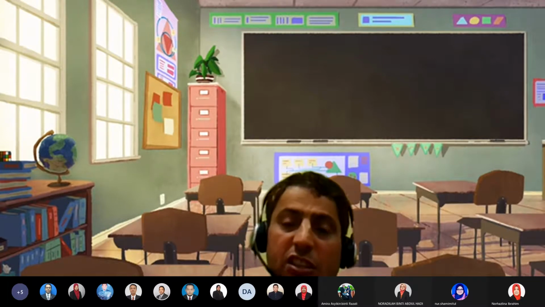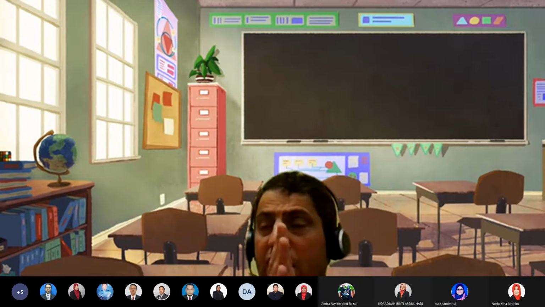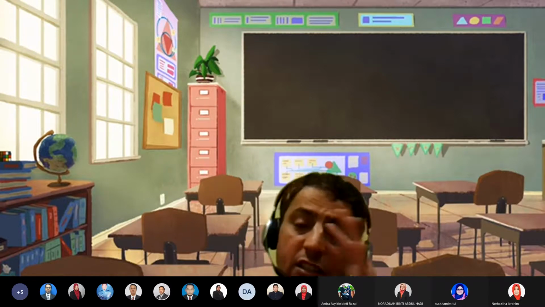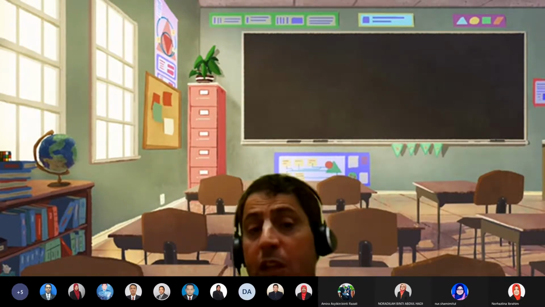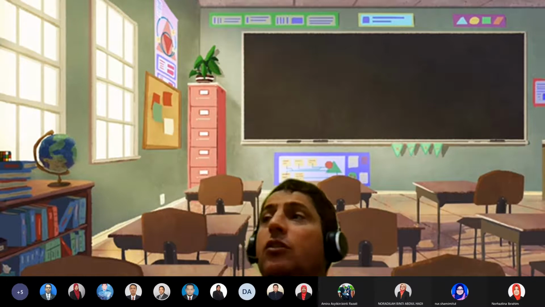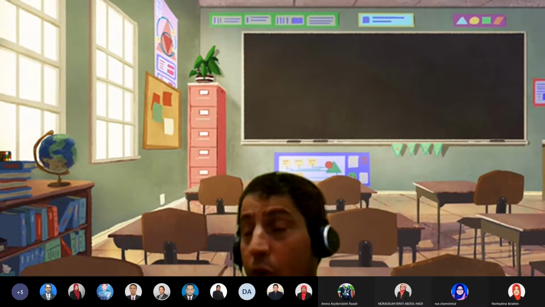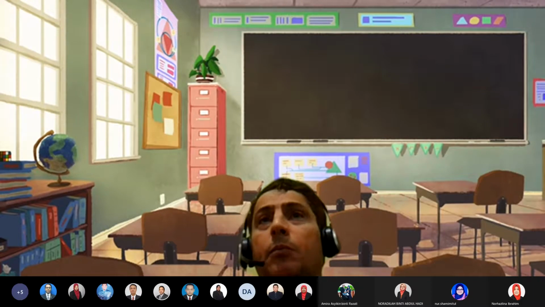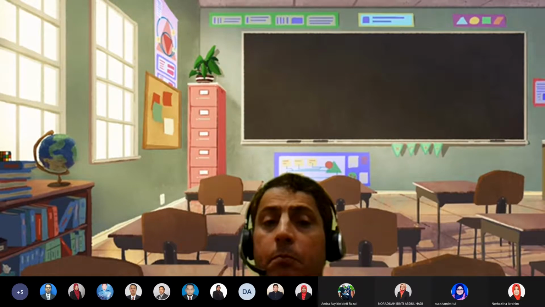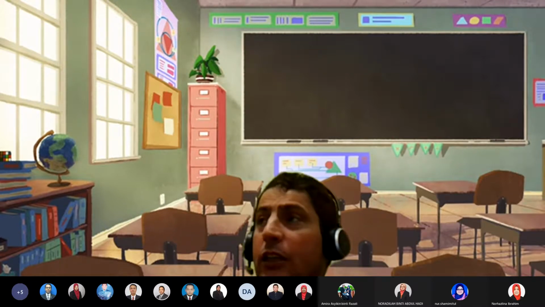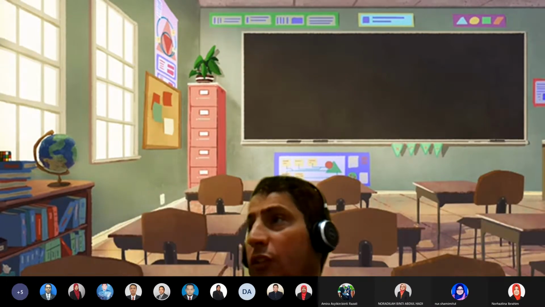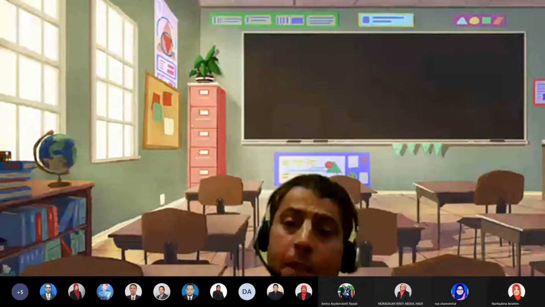Okay, expectation. This is the last point in this session, and we have two sides of expectation: supervisors' expectation and student expectation. For supervisors' expectation, we expect the student to be independent, to work hard, to do their work, and to show respect to the supervisor, and to produce quality output at the end of their PhD or master journey.